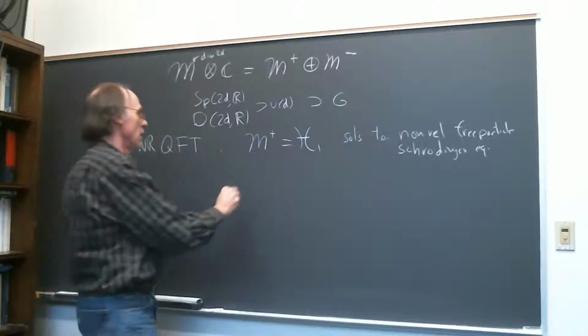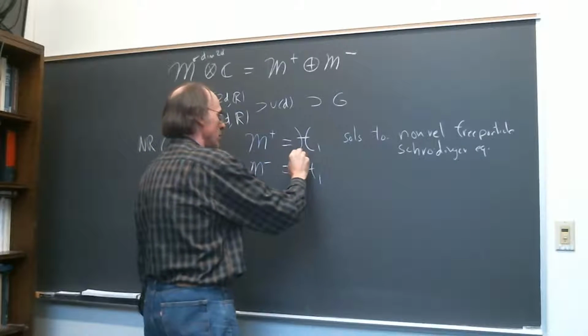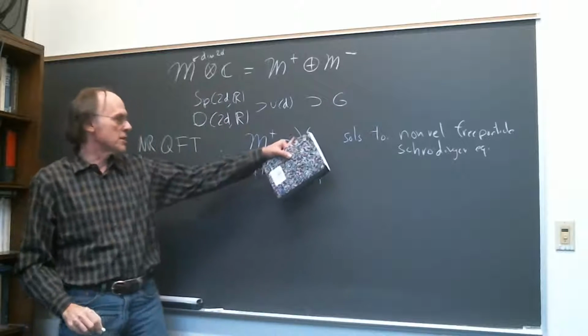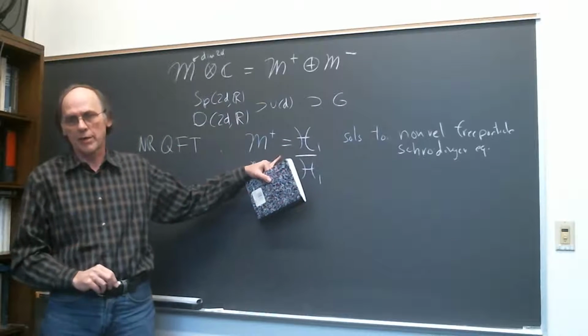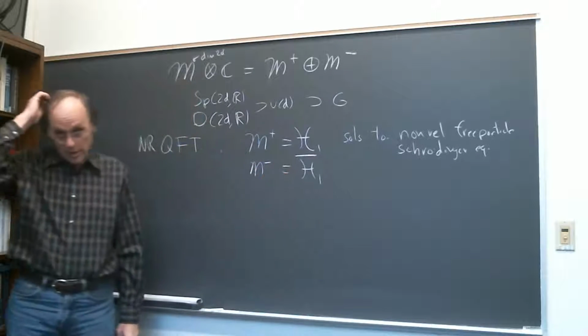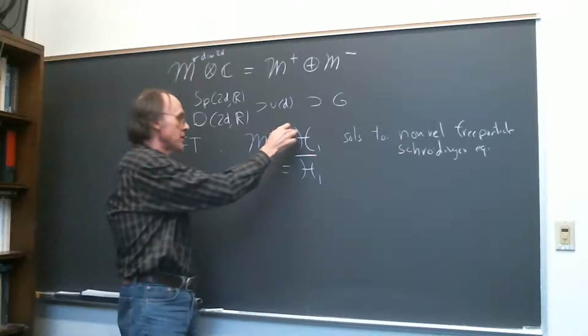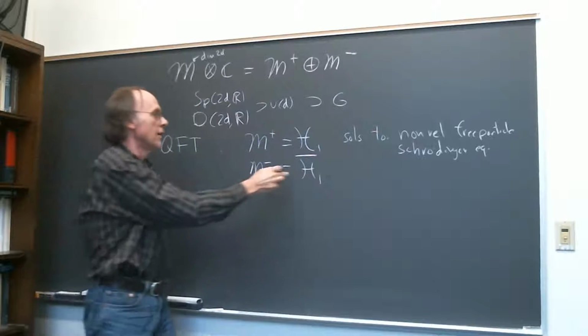And then M minus is H1 bar, the same space where you complex conjugated everything. You've taken the scalars to act by multiplication by their complex conjugates, and you have a map that takes everything in here to everything in here just by conjugation, and vice versa.